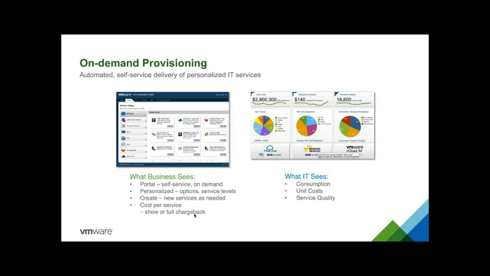So you can customize service catalogs for different users or groups of users, but also then give them varying levels of personalization or configuration ability on those particular workloads that they roll out.